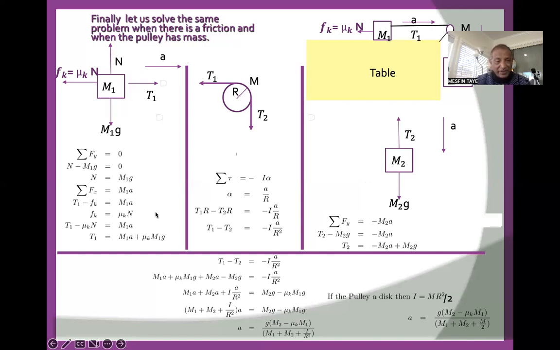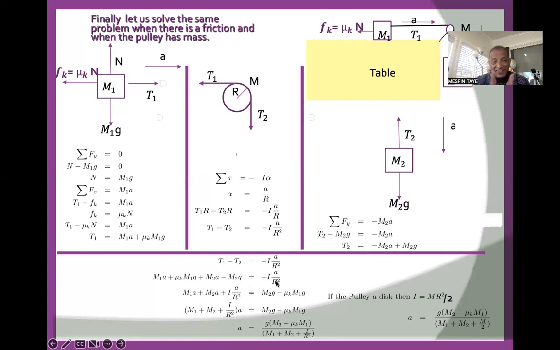Good. But T1 is this. Plug this T1 here, minus T2. But minus of minus makes plus, and minus of this is going to be minus M2G. So I plug T1 here, I plug T2 here, and I got that equal to negative I A over R squared.